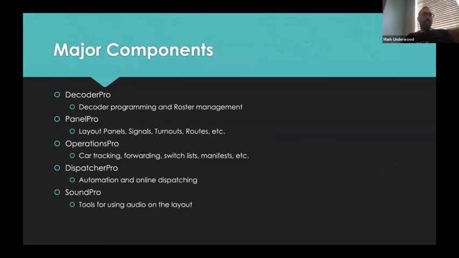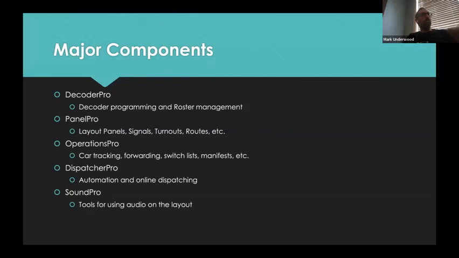It's got several major components that we'll talk about. Decoder Pro is probably the most famous module that allows you to program your DCC decoders. It also allows you to store your settings in a roster of locomotives so that you can manage your whole fleet.